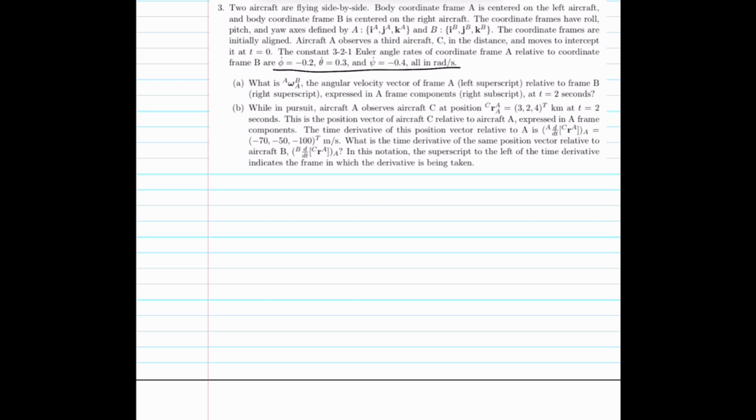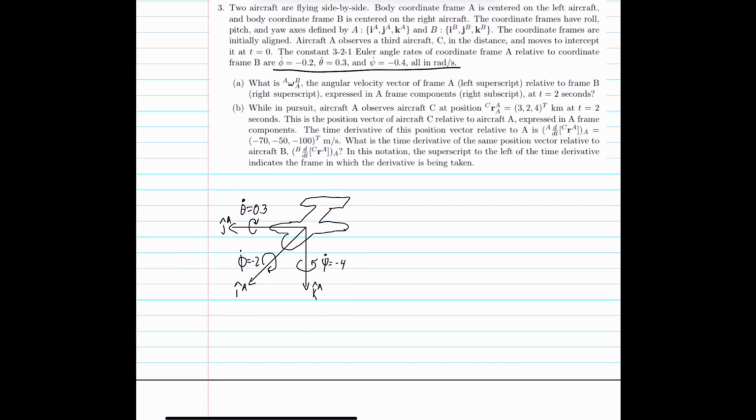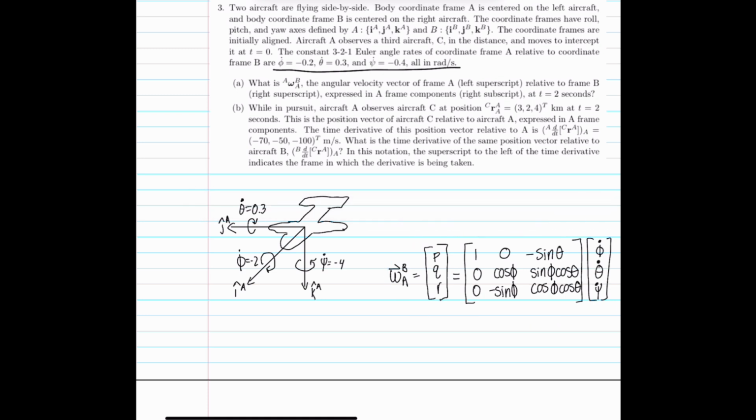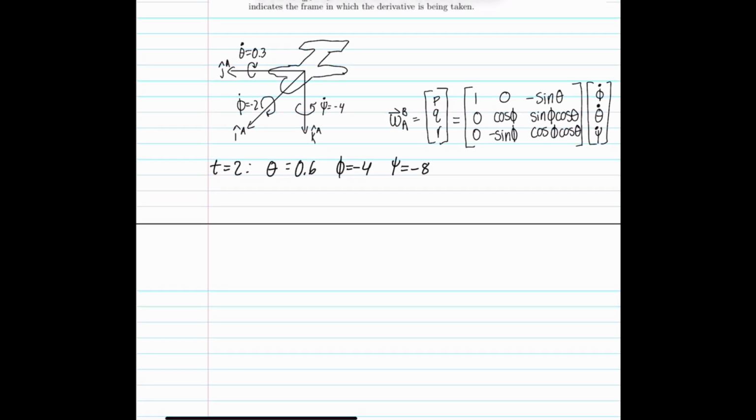Let's just draw a diagram depicting the angles and the directions that they are turning about these axes. And we need this relation to relate the Euler angles and the rates to find the angular velocity. So we know that time equals 2 seconds, theta equals 0.6, psi equals -8, and phi equals -4.